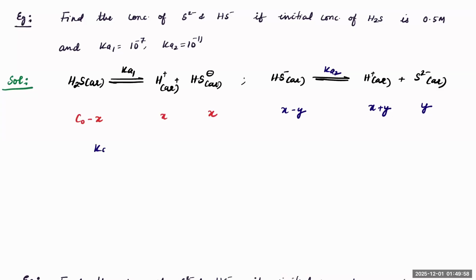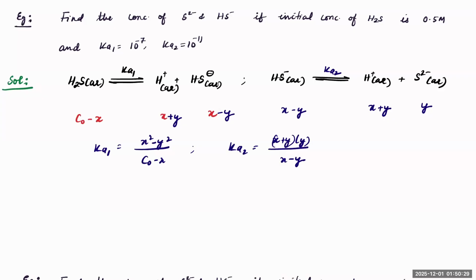So now notice Ka1 will be equal to, and here H plus concentration should also be written as X plus Y and HS minus as X minus Y. So Ka1 is equal to X square minus Y square divided by C naught minus X, and Ka2 will be equal to X plus Y into Y divided by X minus Y.